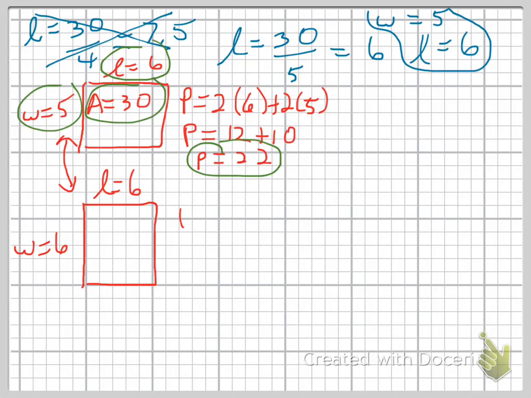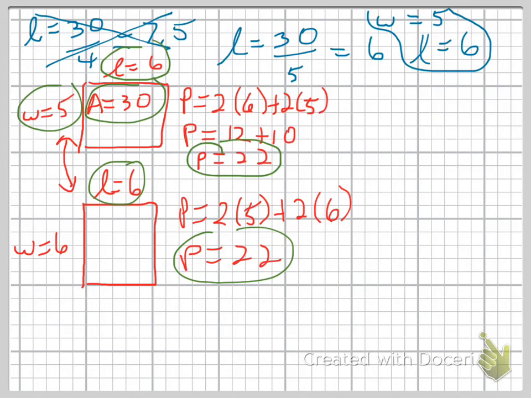So if I do my perimeter, it's going to give you the same answer as the one above. That's why I'm saying it's repeating. It's the same answer, perimeter equals 22, when I switch the length and the width, which is no big surprise. Oh, I forgot to write down the area is still 30 in all those.